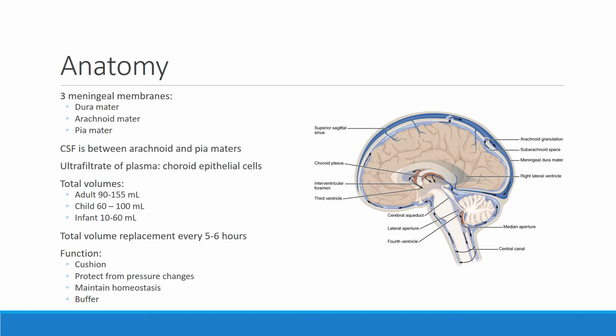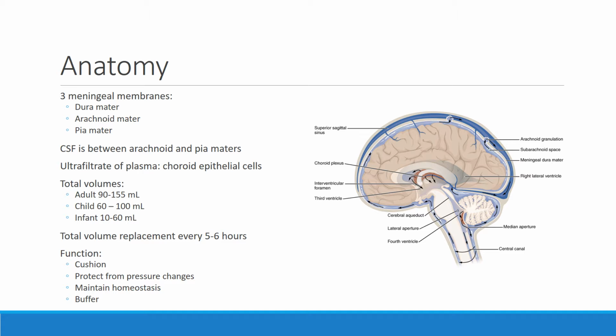These volumes are generally replaced as the fluid is absorbed and secreted or filtered by the cells approximately every 5 to 6 hours, and that's in an adult. That can happen at different rates depending on any kind of illness that's going on.